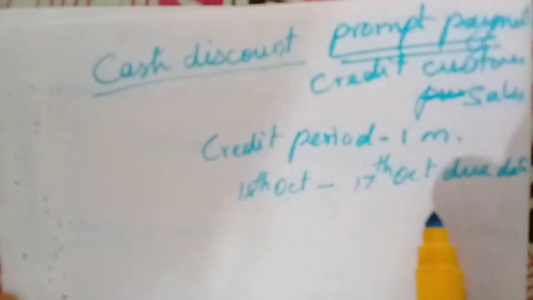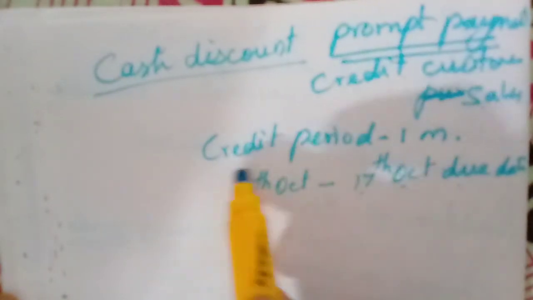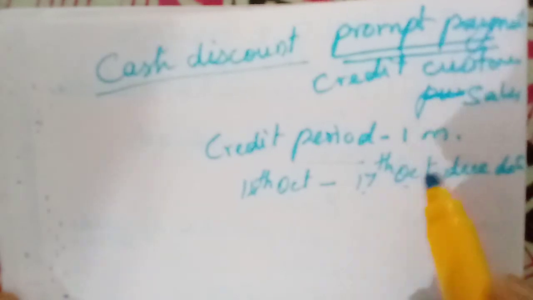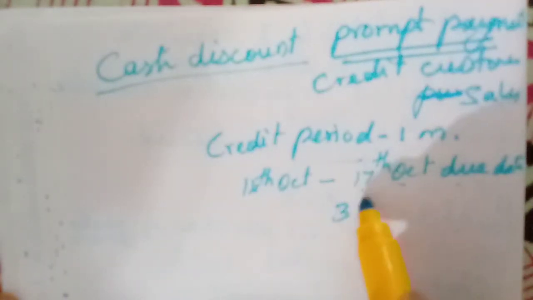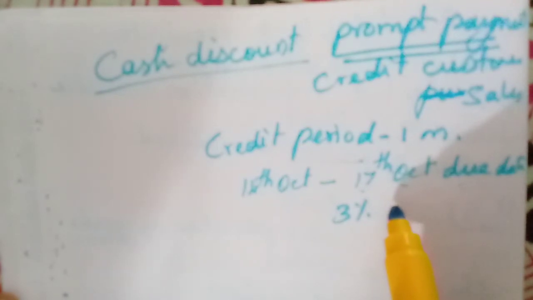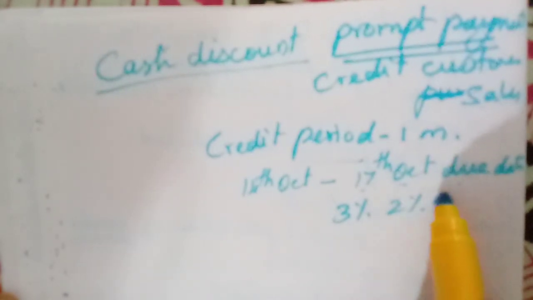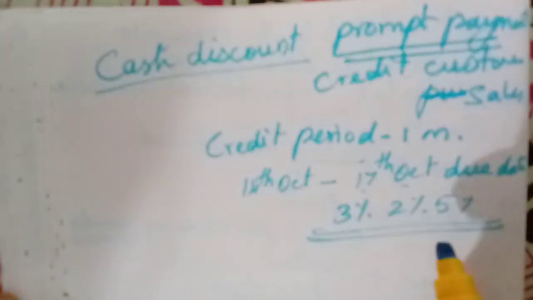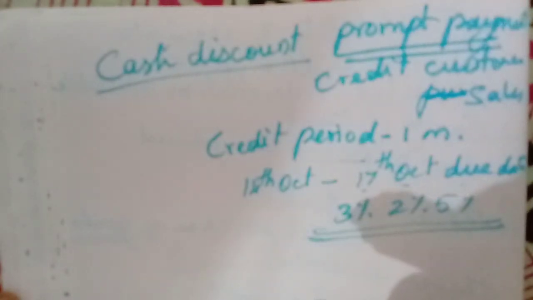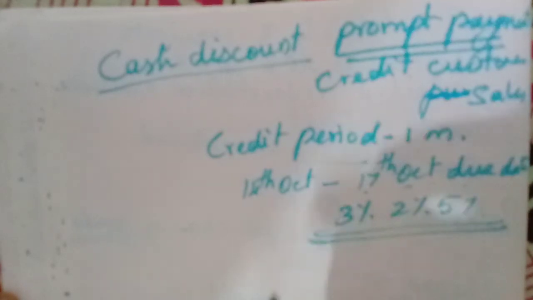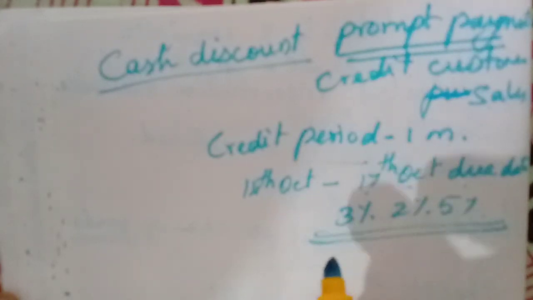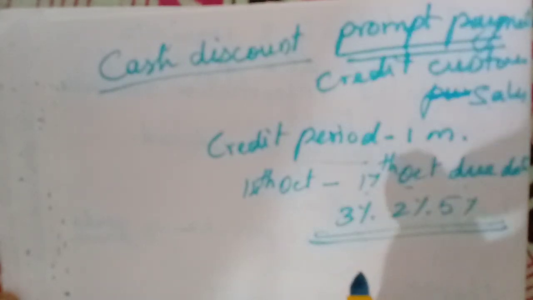Before the due date, if they make the credit payment, we will provide 1%, maybe 3%, or 4 or 2%, or at the most 5%. Anything they will allow, that will be deducted from the amount. When we receive the amount, this will be deducted. So there we should show it in the cash book.